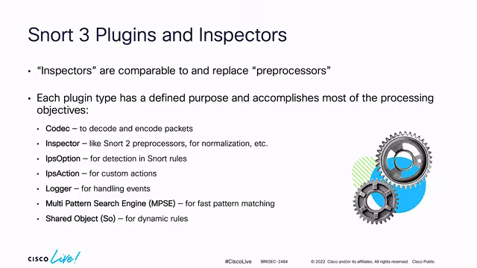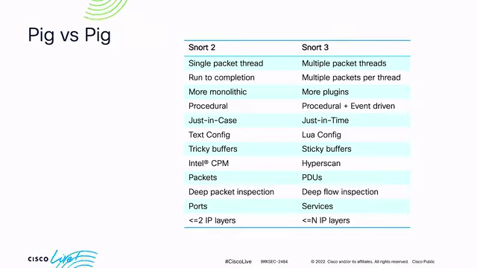HTTP is one of those, it's a brand new inspector in Snort 3, but anything that was a preprocessor in Snort 2 is now called an inspector. Everything in Snort 3 is a plugin. Again, it doesn't matter that much from a practical standpoint, but the idea is everything's a plugin. Every rule keyword is a plugin. So if we wanted to add a new rule keyword, it's just a plugin. So everything is easy and maintainable.